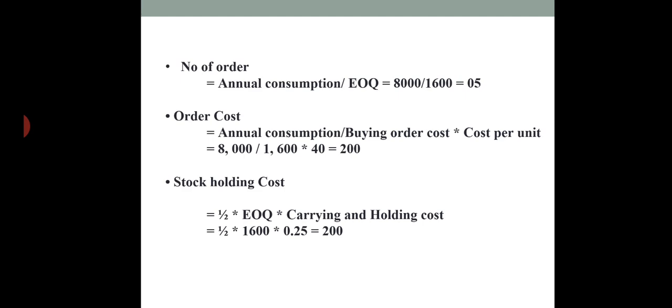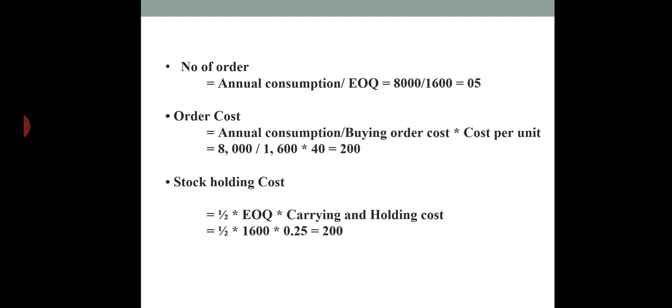So using this number of orders placed, now calculate the order cost. So there are 5 orders. Buying cost per order is 40 rupees. So 5 into 40, that is totally 200. Otherwise you calculate like this, that is order cost equals annual consumption divided by EOQ into cost per unit.